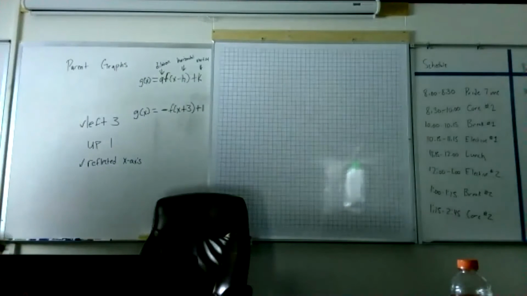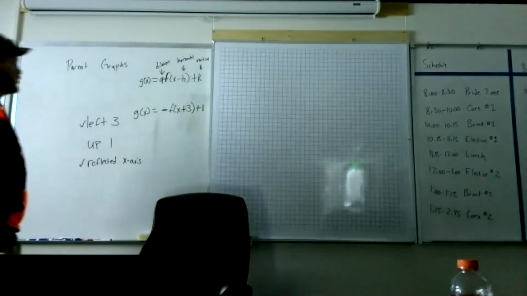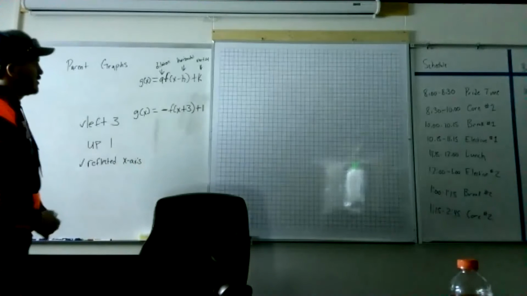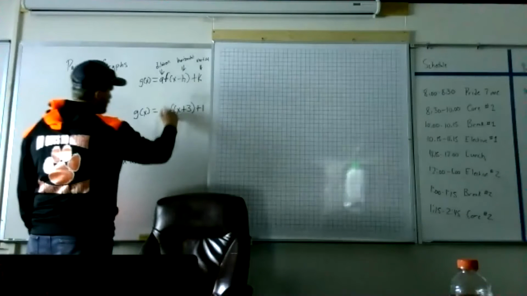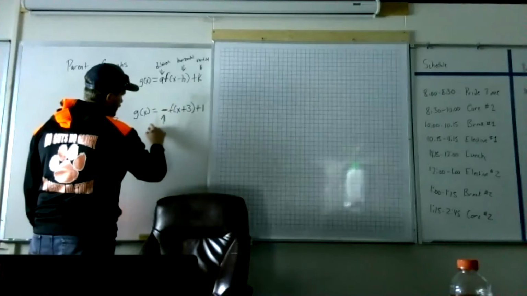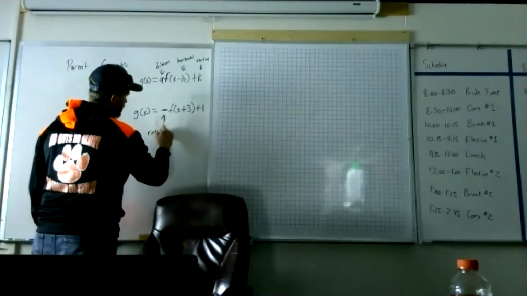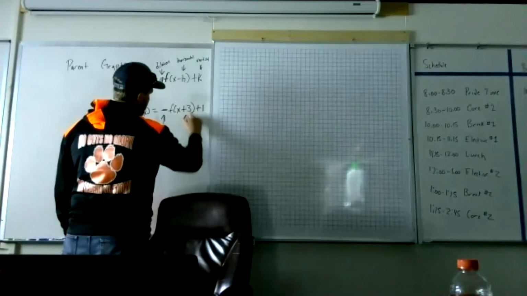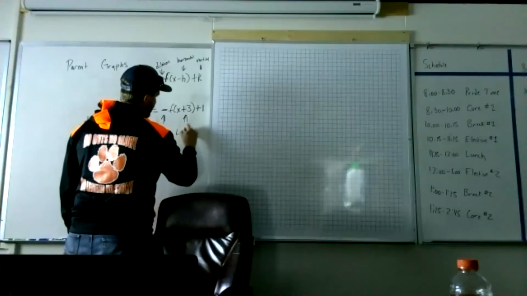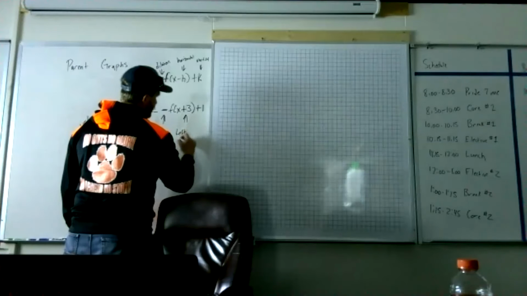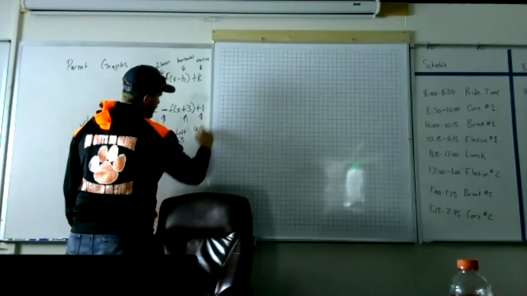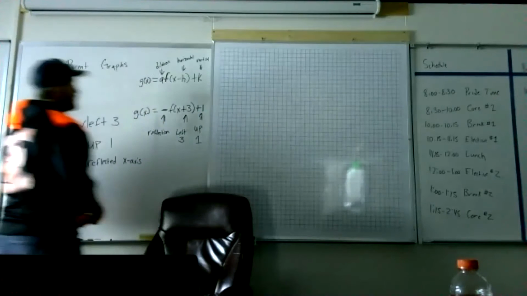So we can express that as g of x is equal to a negative f of x plus 3 plus 1, where a negative is our reflection, the plus 3 moves it left 3, and the plus 1 moves it up 1.